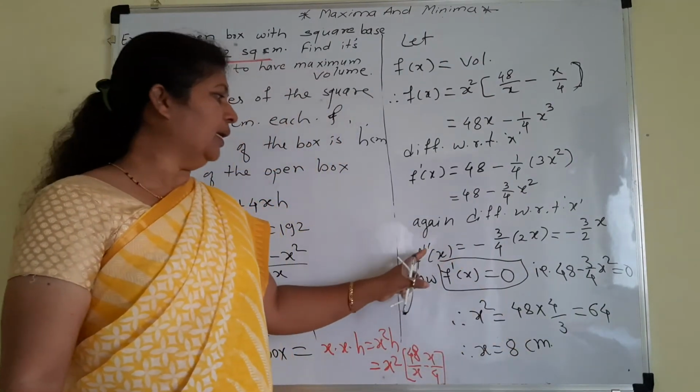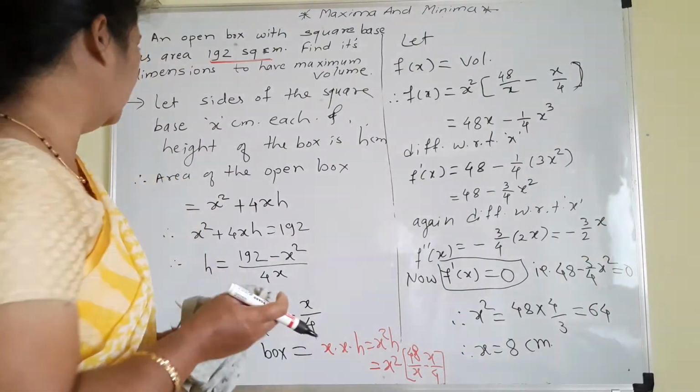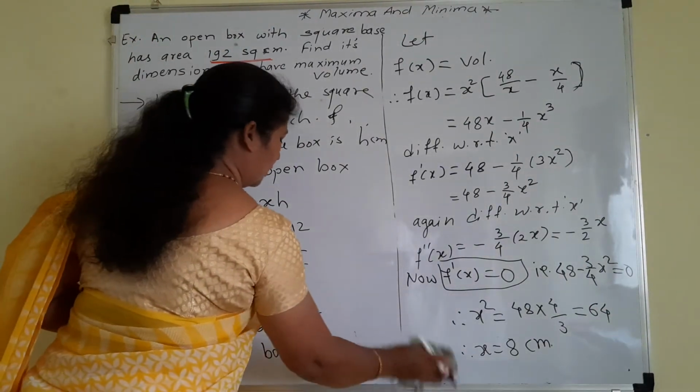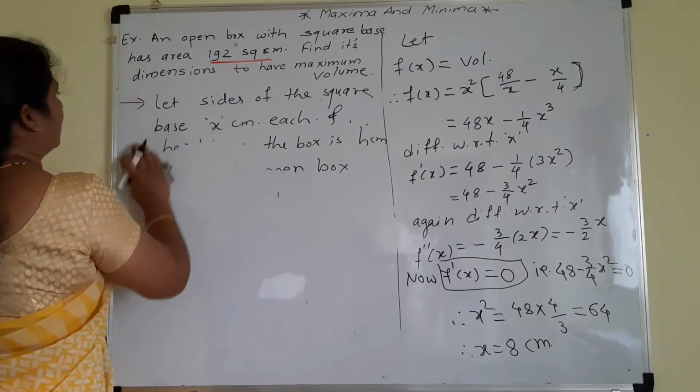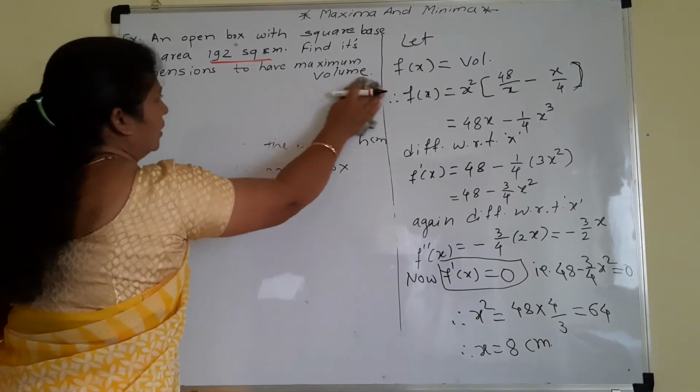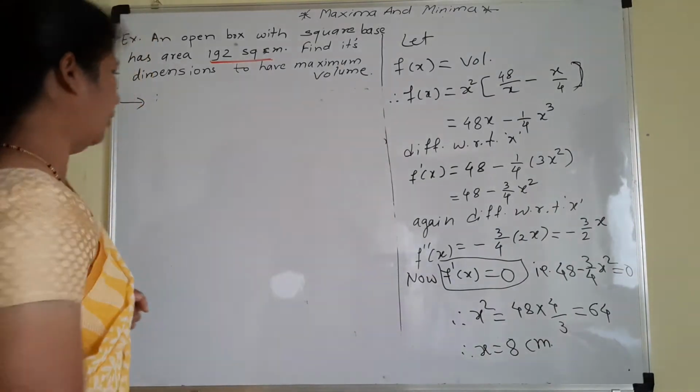I will put this value in f double dash of x, and then I will find whether it is maximum or not. So put this value of x is equal to 8 in the second order derivative of f.